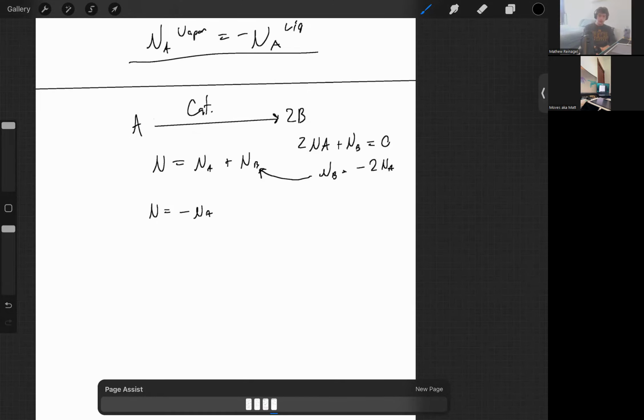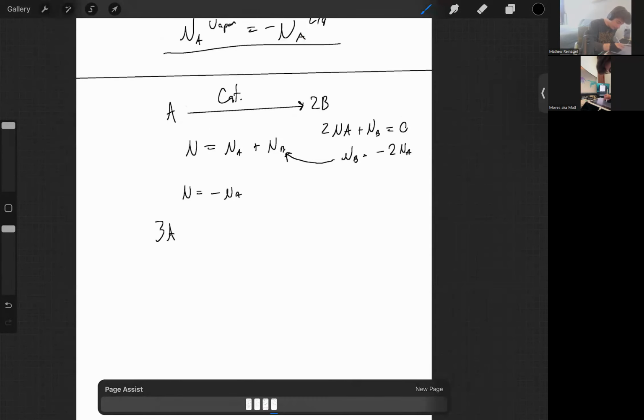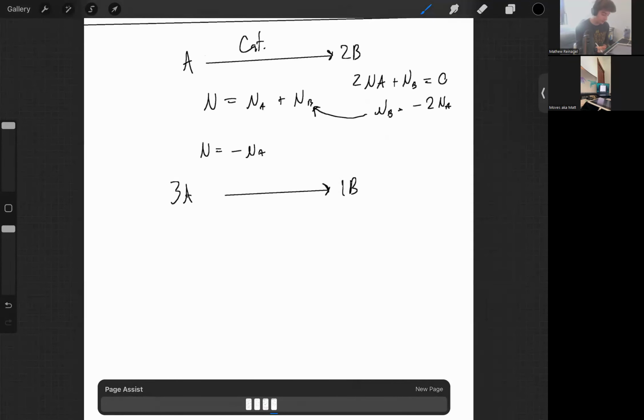So now let's look at a case where we have something like 3A turning into 1B. The algebra is again kind of straightforward.